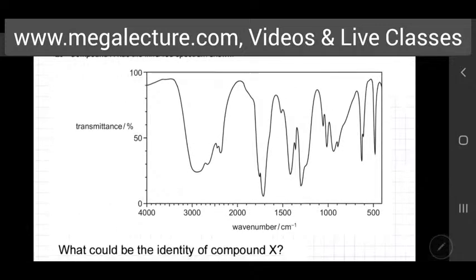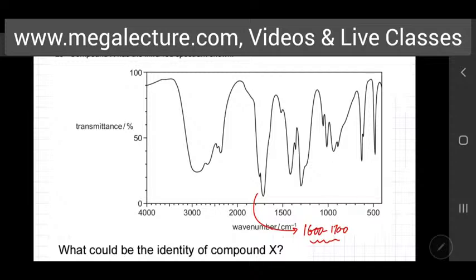Now, the first thing is, whenever you have an infrared spectrum in front of you, you're going to ignore pretty much all the bonds. Look at this absorption over here. You've got an absorption around the 1600, 1700 wave number range. Wave number is 1 over lambda, so it is proportional to frequency.